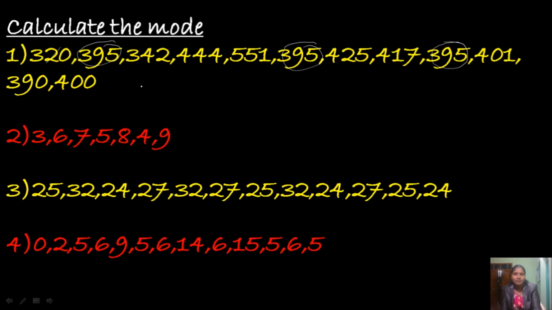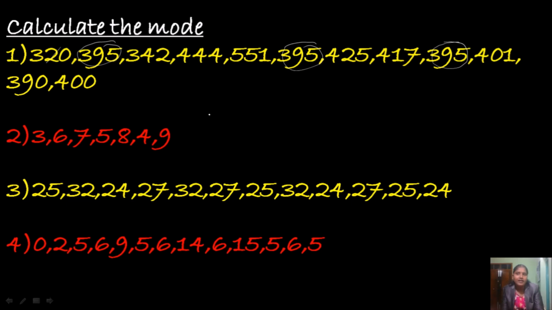Look at the remaining values: 342 only one time, 444 one time, 551 one time, 425 only one time, 417, 401, 390 and 400.